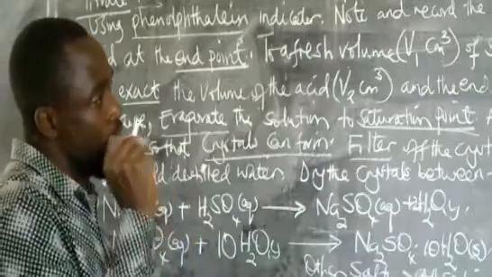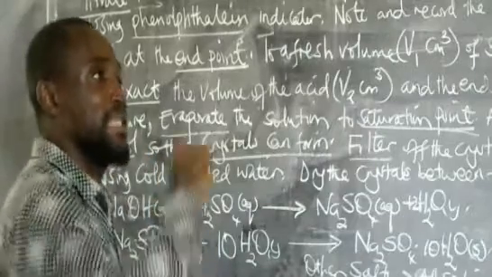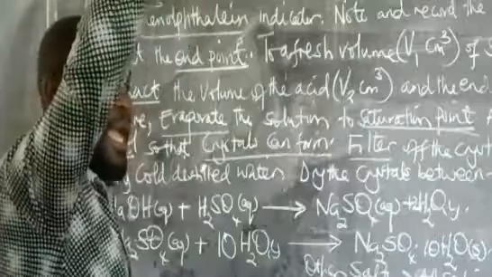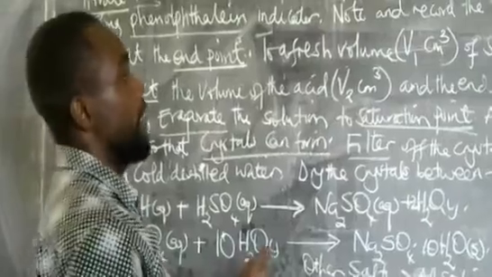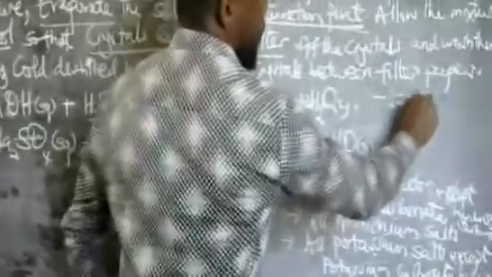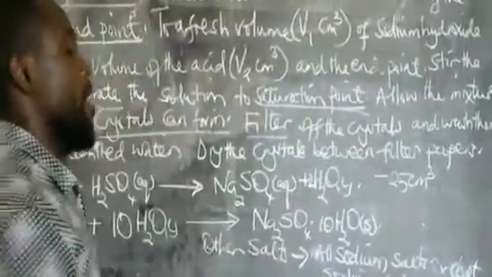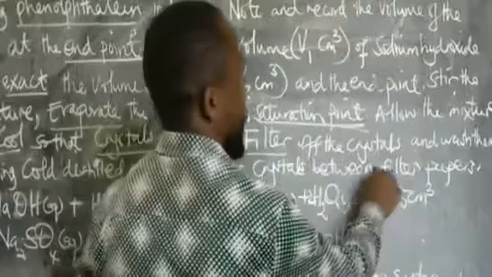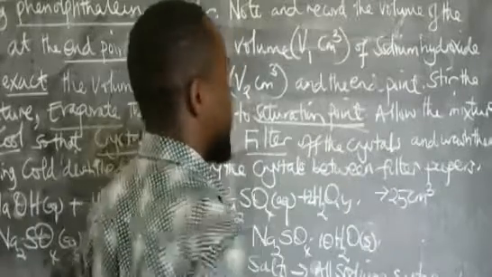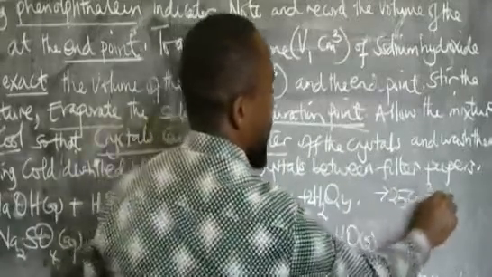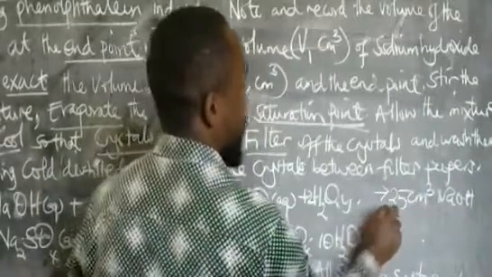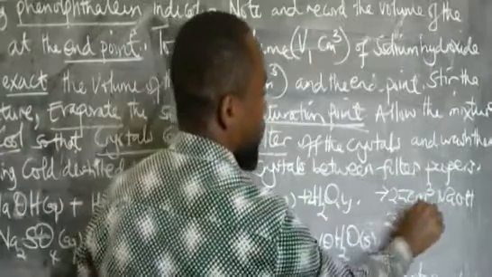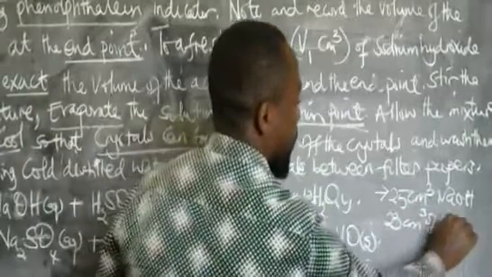So that one is obtained when we have much of the acid and the base. For instance, if you have pipetted 25 cubic centimeters of sodium hydroxide, on titrating, you use 23 cubic centimeters of sulfuric acid.